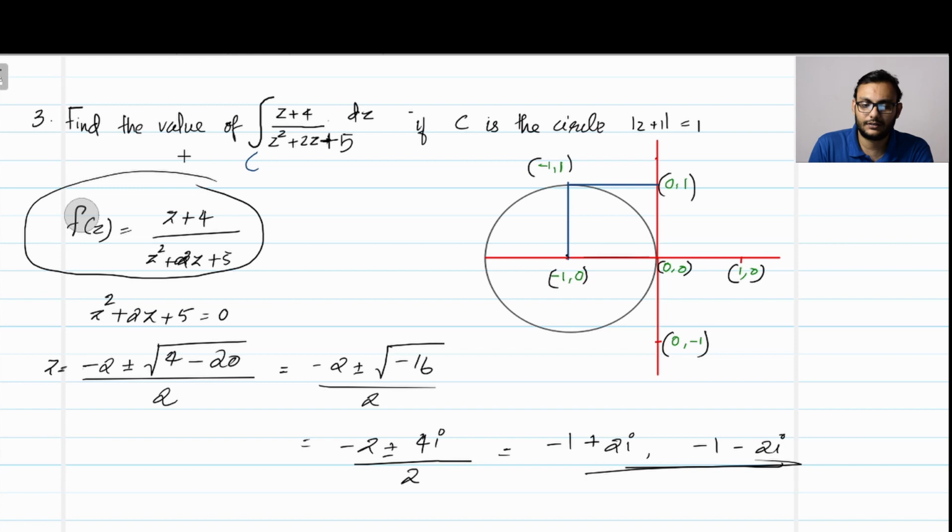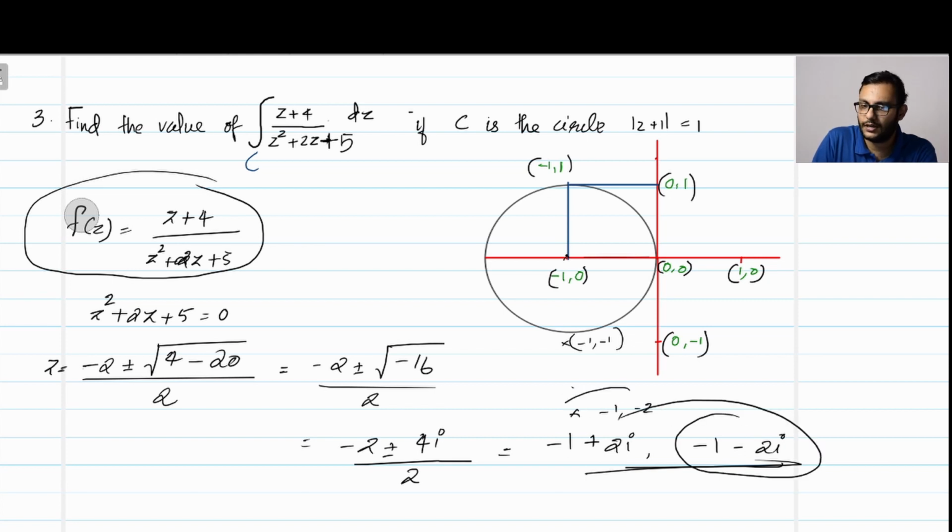If we try to check these points in our graph, for minus 1 minus 2i, here it is minus 1, here it is minus 1 minus 1, and somewhere around here we will get minus 1 minus 2, this point. Clear? So the second point is clearly outside our contour.